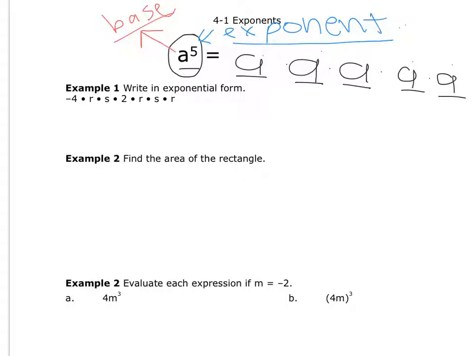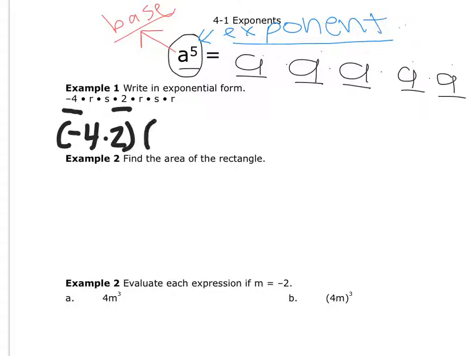Now in example 1, they're just going to ask you to write it in exponential form. So what that means is they want you to use an exponent if possible with the variables. So what we're going to do is use the associative and commutative properties of multiplication to reorder and regroup these. So right here I'm going to take the two numbers and multiply them together, so -4 times 2.